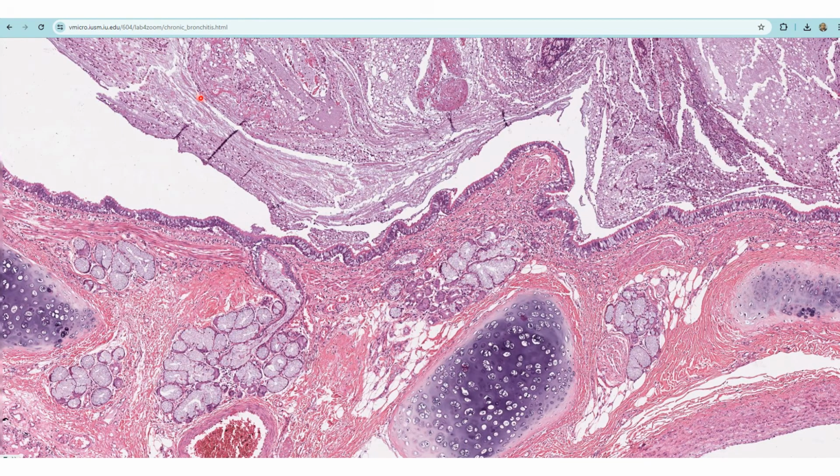These are the features that I mentioned just now: you can see chronic inflammatory cells there, and then you can see the mucus here, and these are the seromucinous glands, or the glands that produce the mucus inside the wall of the airway.